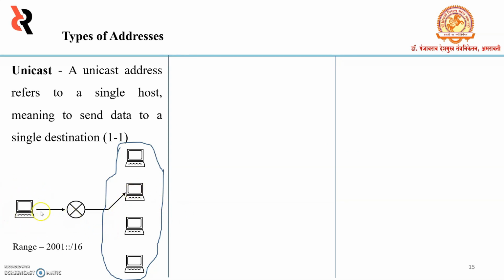If computer 1 or host 1 is intended to transmit a data packet to this network, then a unicast address is used and that data packet can be transmitted to any one of this network. The range of this unicast is 2001/16.